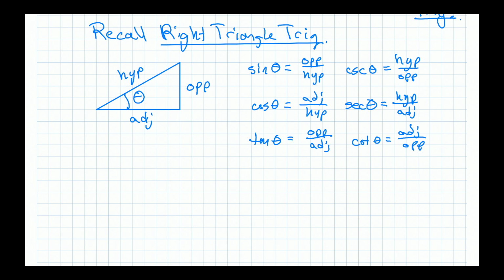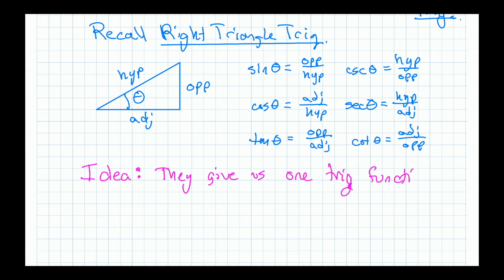So here's the idea. Let me write that. Idea. So we're assuming that they give us one trig function and they want another one. So they don't give us the angle, but they give us a trig function and want another trig function.